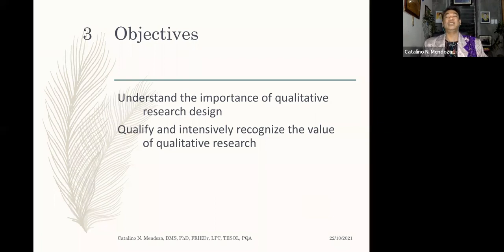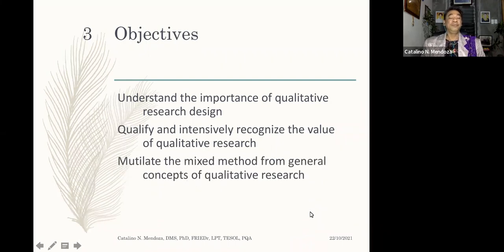It is because the intense and in-depth analysis are always derived from the quality of the information that the researcher would definitely collect from the respondents, from his or her own observation, and also, of course, in participating in the conduct of research. Number three, and the last one, is mutilate the mixed method from general concepts of qualitative research.